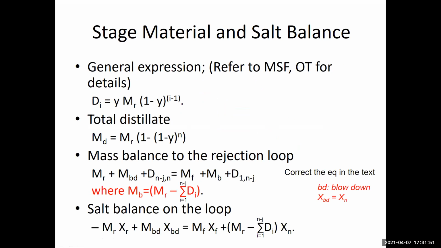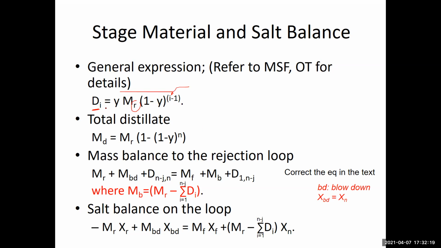The analysis here for the stage is going to be the same as we did for the once-through system, except, as I mentioned, we are going to replace the M dot feed by M dot R. So DI, the distillate at any stage, can be given as a function of the sensible to latent heat ratio, the recirculated mass flow rate of the brine, and 1 minus y to the power I minus 1, where I is the stage number.